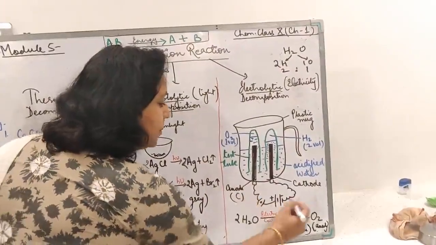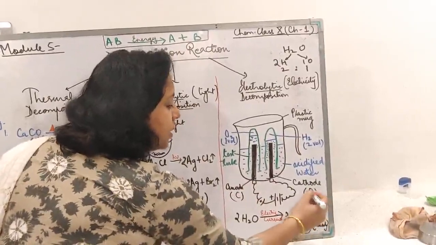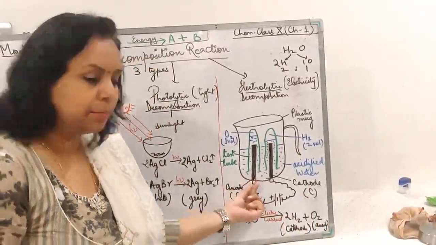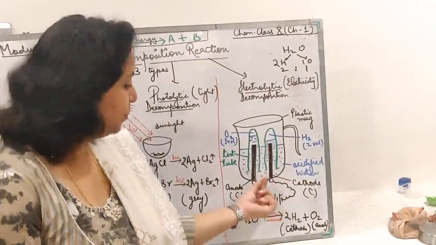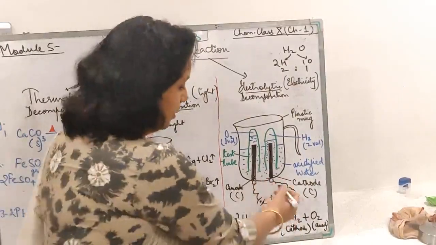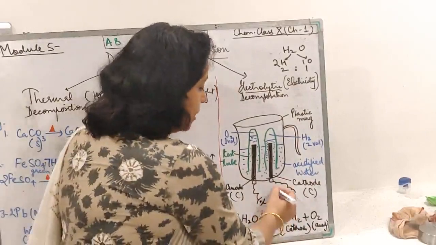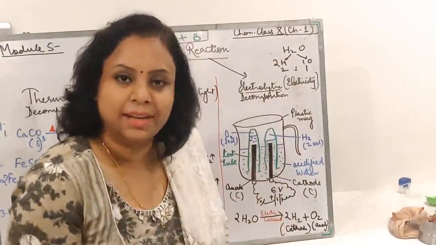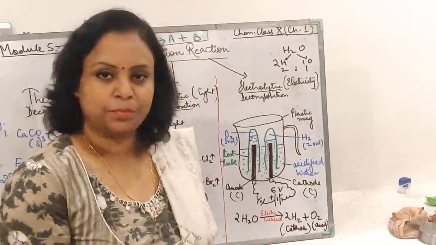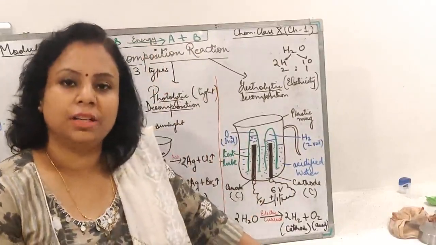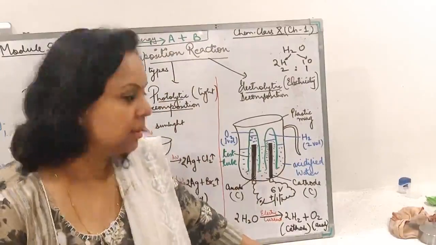Both of them are graphite. With the help of a rubber stopper at the base and some coils, we have connected it to a 6-volt battery, and there is a switch. So this is a simple arrangement of an electrolytic cell or an electrolytic vessel.